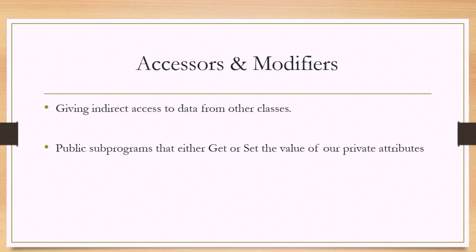And the reason we do this is because you really don't want classes that should not have access to specific data having access, because this can create security issues, loopholes, all these weird glitches, and you just want to make sure that only classes that should be able to change specific data are able to change it.